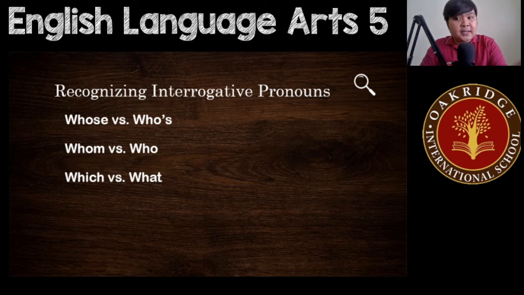Totally different. Another thing that you have to take note of is whom versus who. Whom is used to replace objects in a sentence, not physical objects. No. Objects in a sentence are nouns or pronouns found in the predicate area.